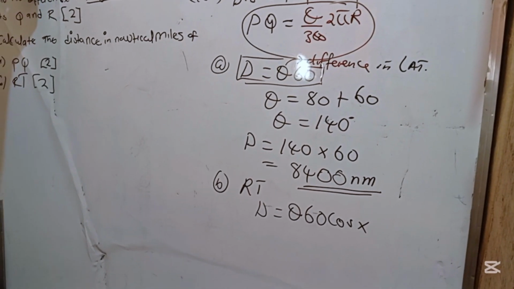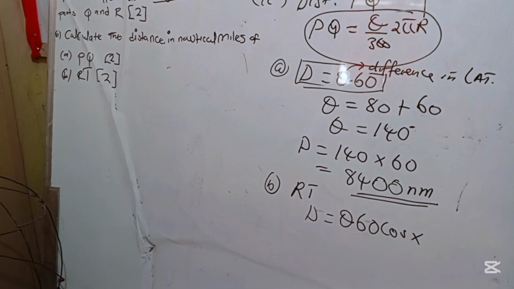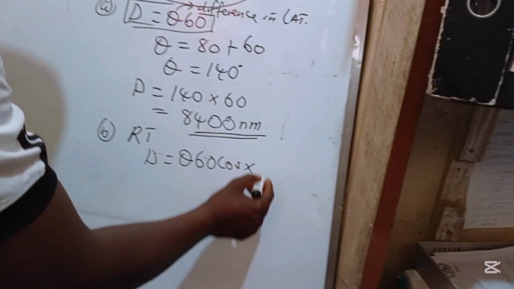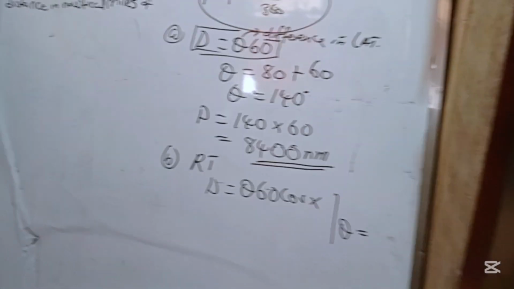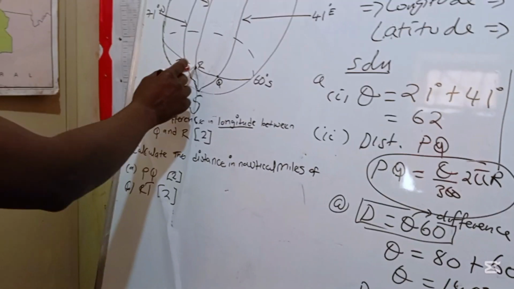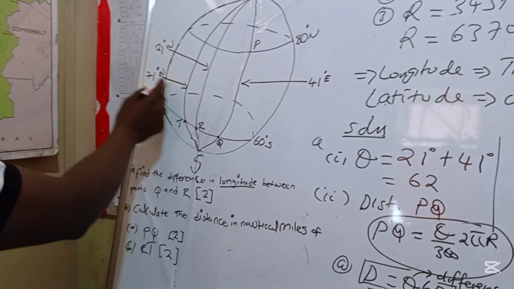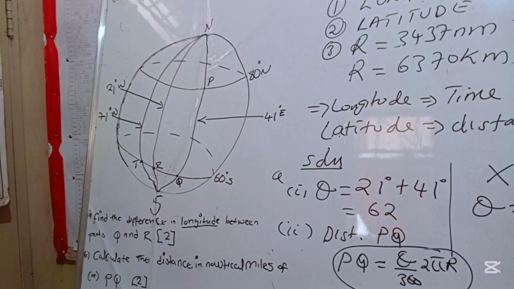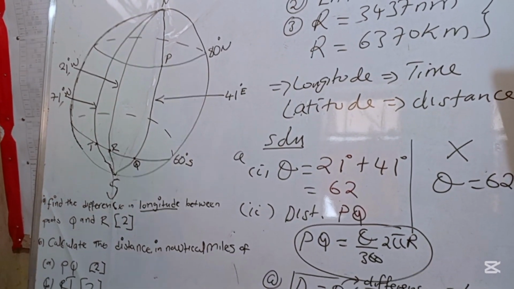I should find the difference in longitude, because it is along the latitude. So I should find theta. They are sharing the same latitude, so we work on longitude. This one is 71 west and 21 west. Because they are both found in the west, we subtract.